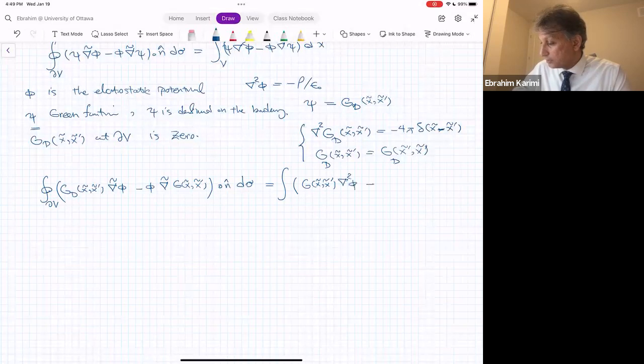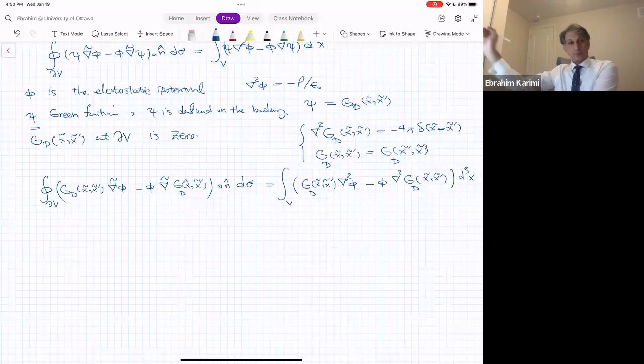Laplacian of phi minus phi Laplacian of G, all of them D by the way, of x and x prime, d3x. That's on the volume. Good?